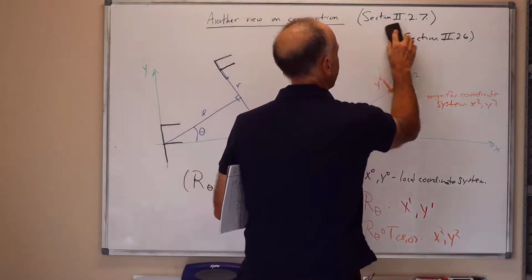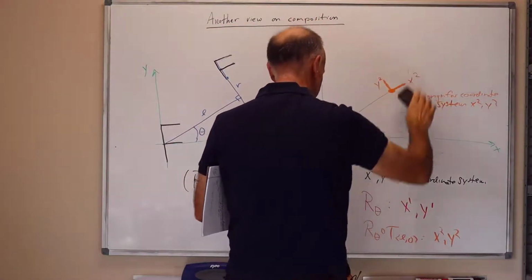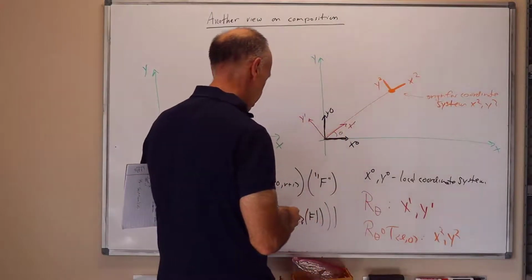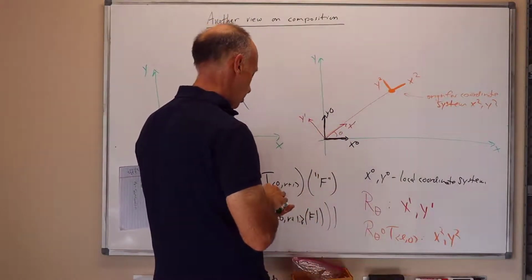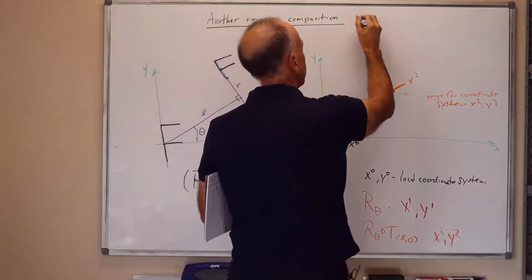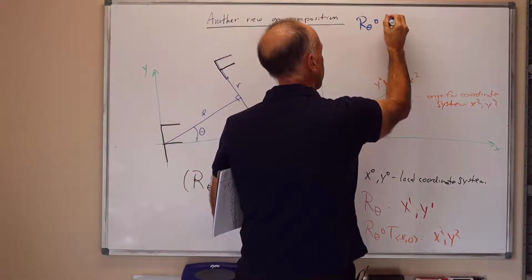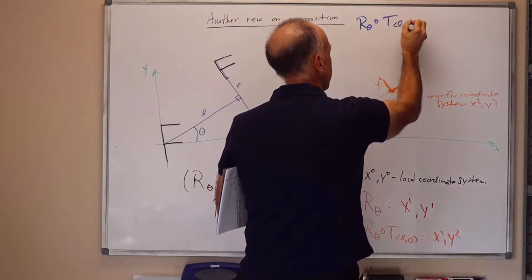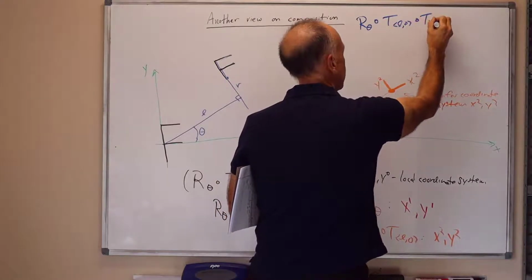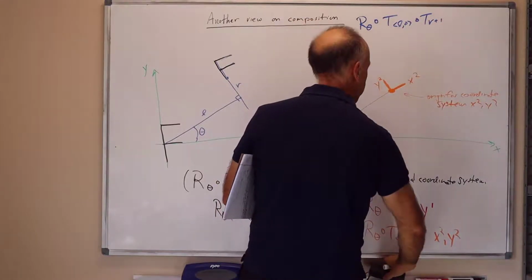So, run out of room on the bottom of the board, I'll write it here, I guess. So now we do the third coordinate system. We look at r theta composed with t L0 composed with t 0, r plus 1.